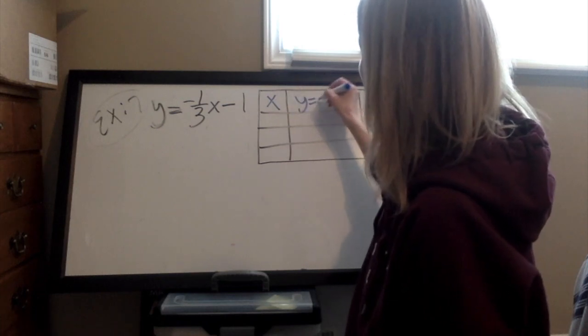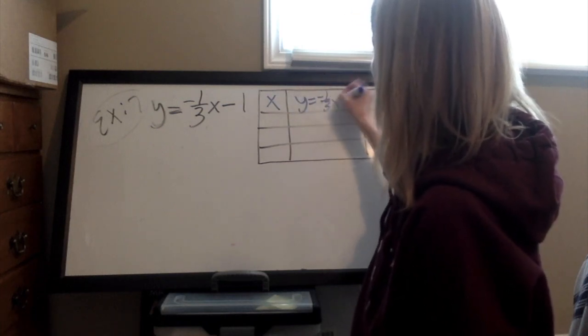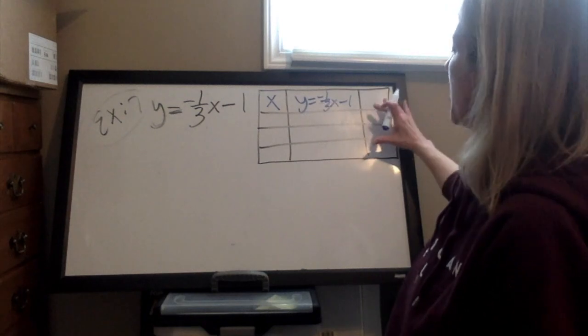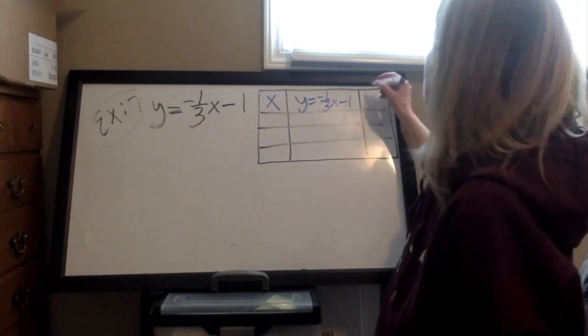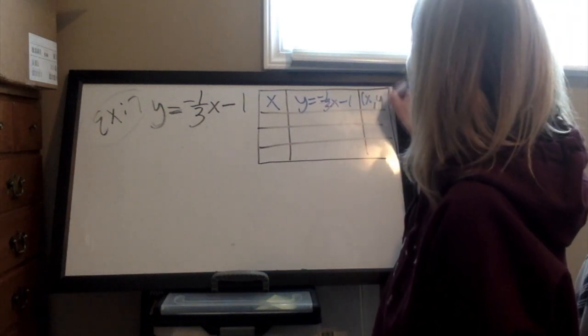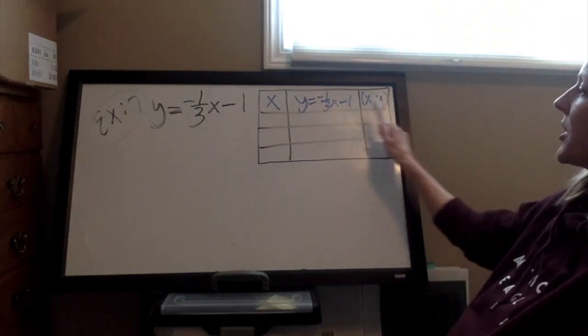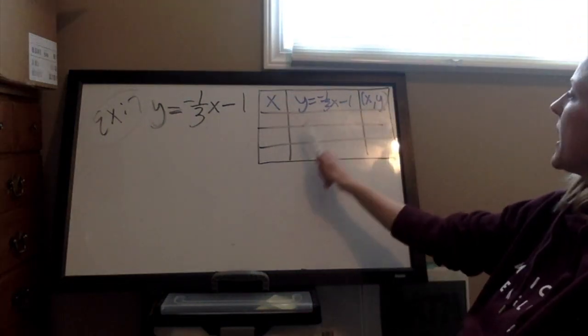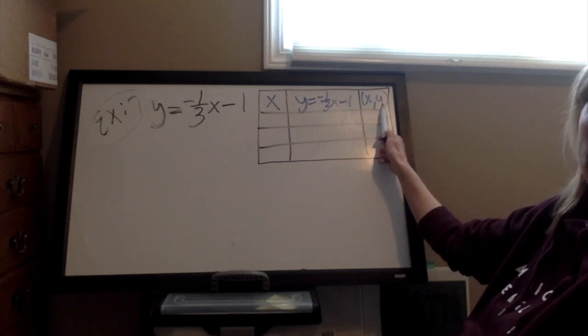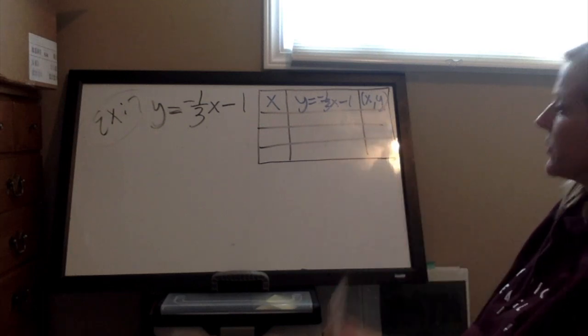Come on, marker, work. And then this is going to be your column for your ordered pair, so your X, comma, Y. So basically, they give you X, and we're going to plug in X, solve for Y, and then write the ordered pair down.